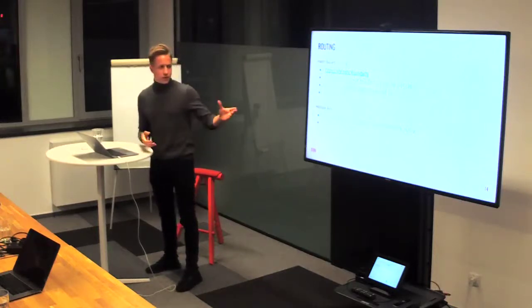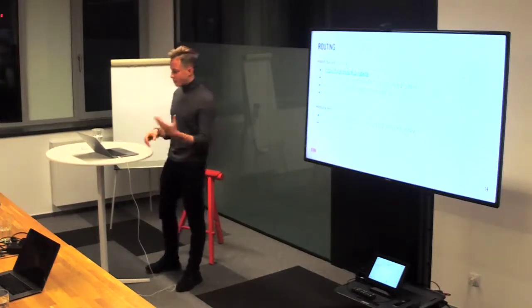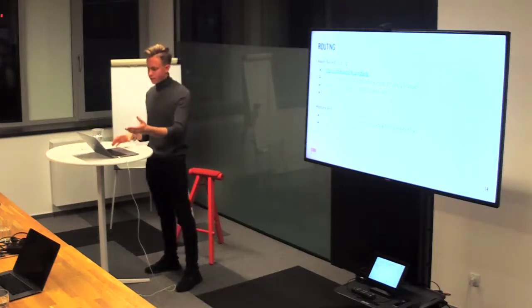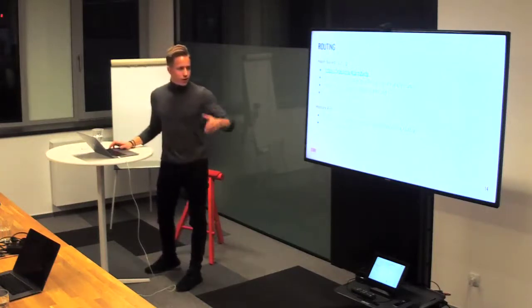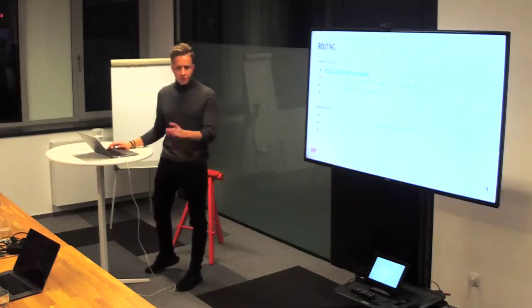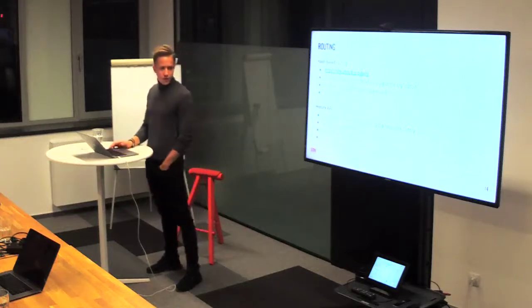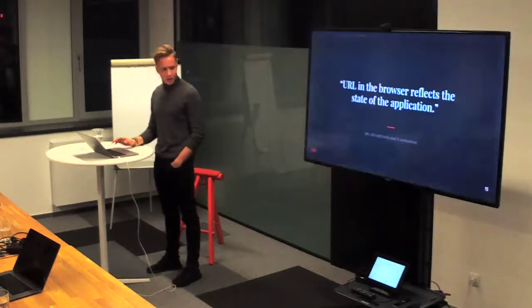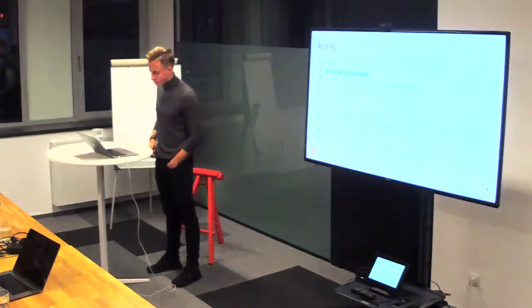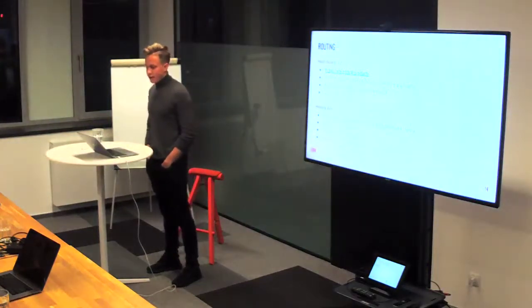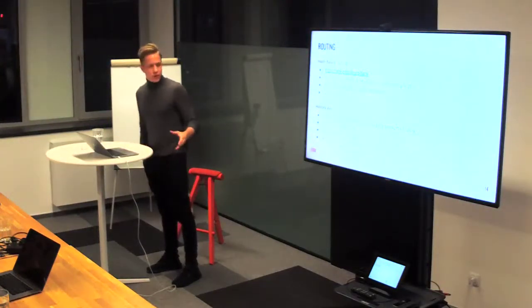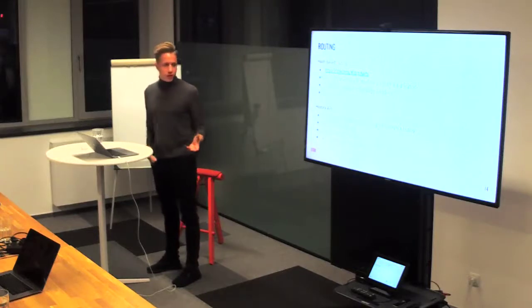So it provides something like window.history.back, which simulates you clicking on your browser back, window.history.forward, but most importantly, window.history.pushState. What it does is that it creates a new entry in the history of the browser.